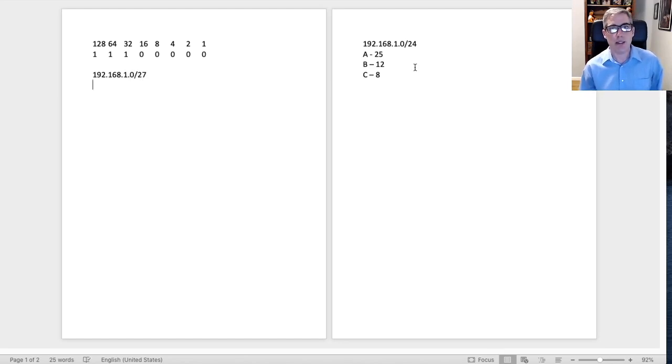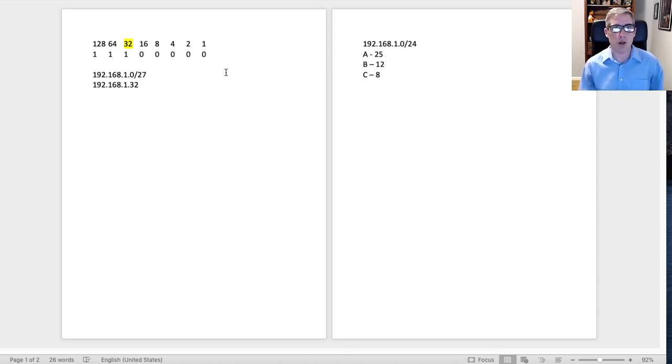And then the next network, because our next network starts at 32. That's where our magic number is. I will highlight it. So our next network, 1.32. And we need to know how big that network is going to be. So 12 means that we need 4 bits. 2 times 2 is 4, times 2 is 8, times 2 is 16, minus 2 is 14.